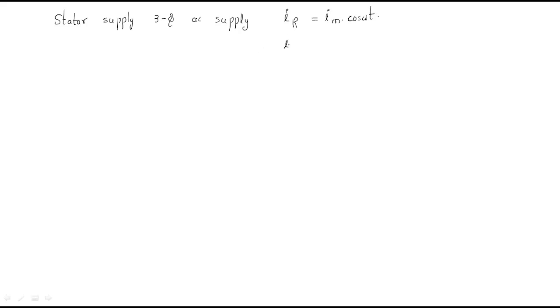The second phase IY is IM cos(omega t minus 120), and the other phase IB is IM cos(omega t minus 240).